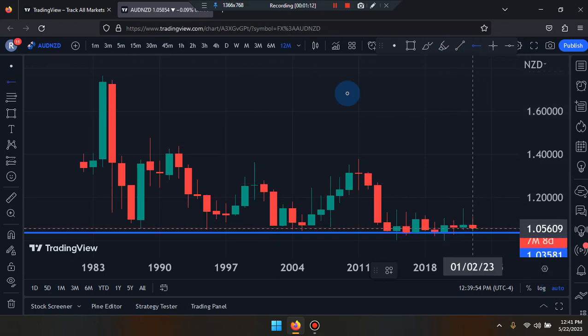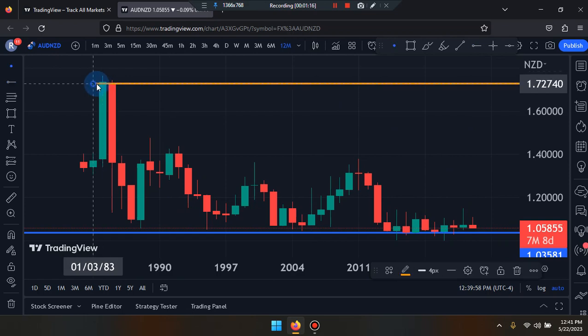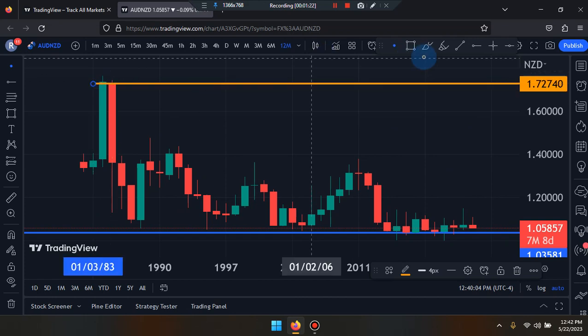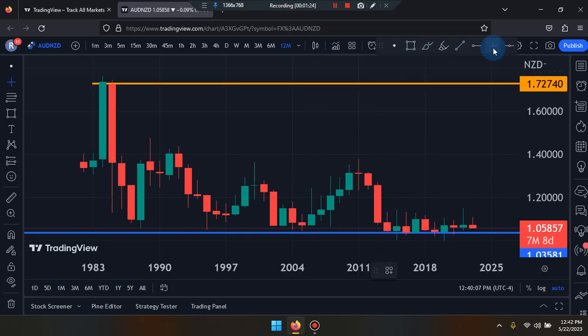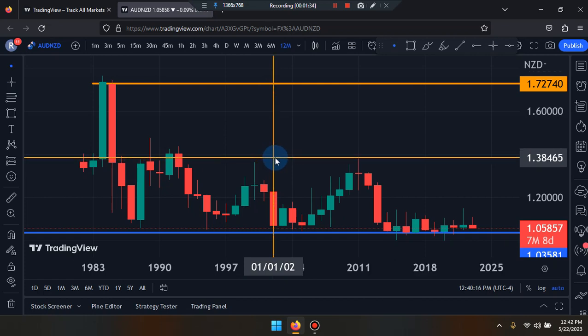If price action works its way up, it can tag that highest green and red of structure at 1.72740, or the market can tag that midpoint, which would be near the numbers of 1.38465.